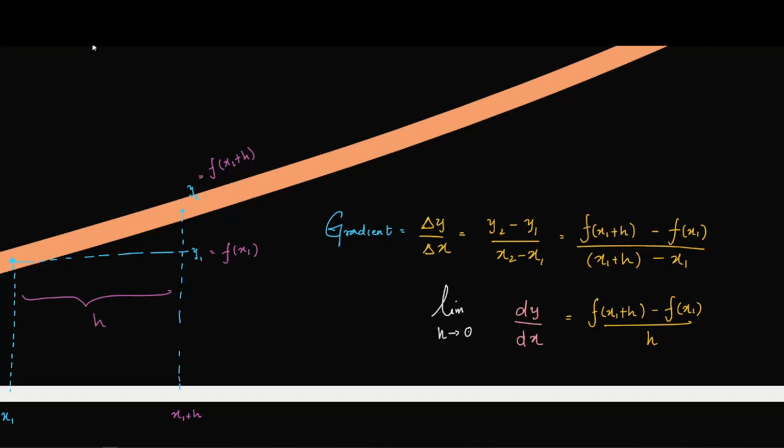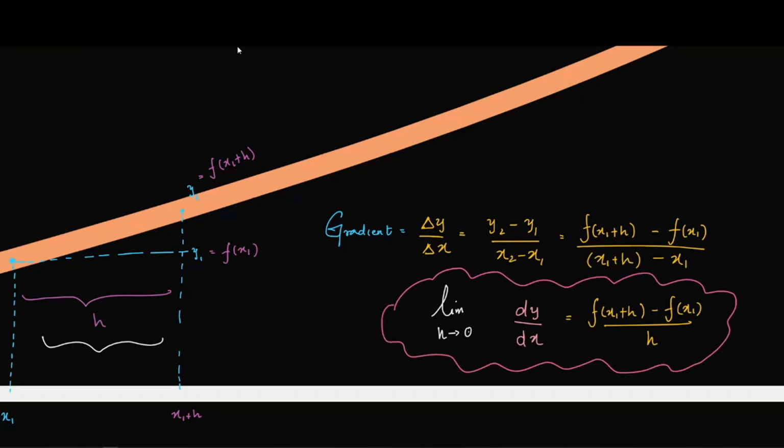That's what the limit notation says. It says limit of h tends to 0. That means the change of h here, the change that we made here, is so small, so close to 0. And with that, we arrive at the first principles of differentiation.